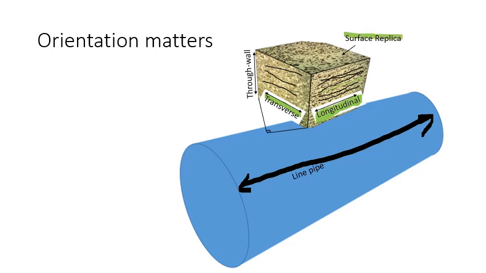Now, this is really important, this direction of observation, because this is going to be our only option for non-destructive evaluation of line pipe steels.